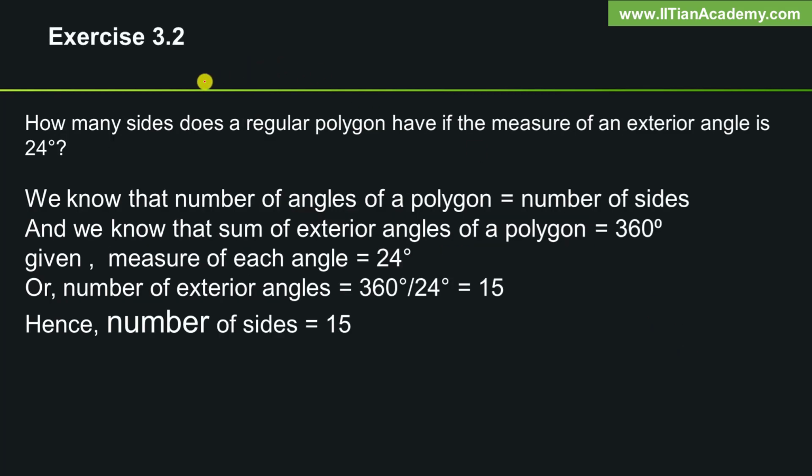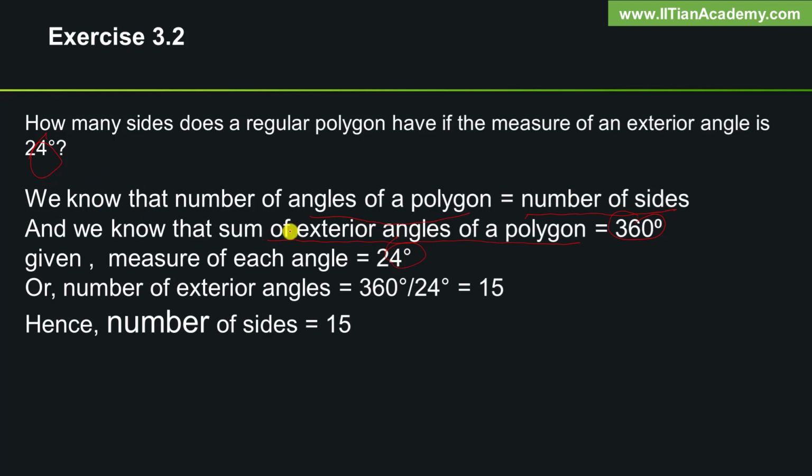Here, the exterior angle is given, and we have to find the number of sides of a regular polygon. We know that the number of angles of a polygon equals the number of sides, and that the sum of exterior angles of a polygon equals 360, and the measure of each angle equals 24 degrees.